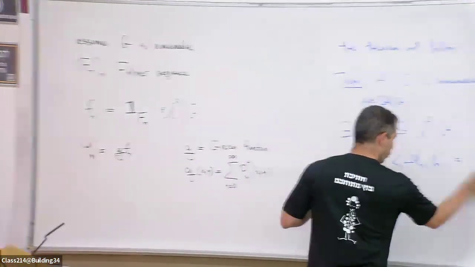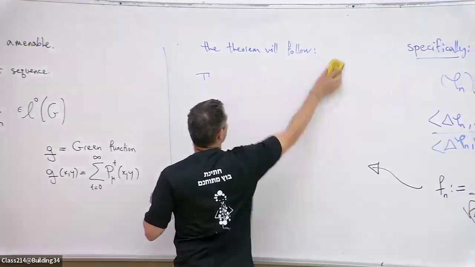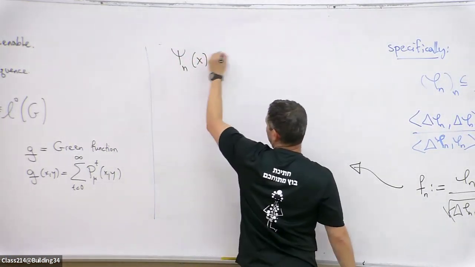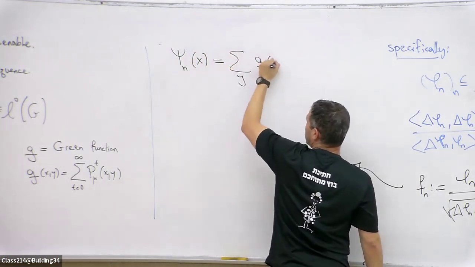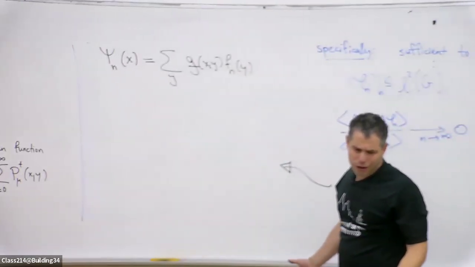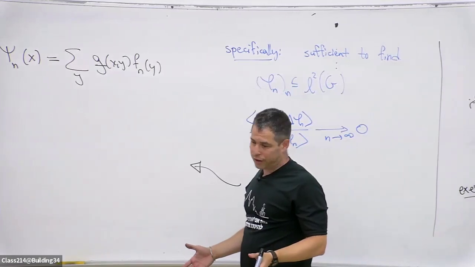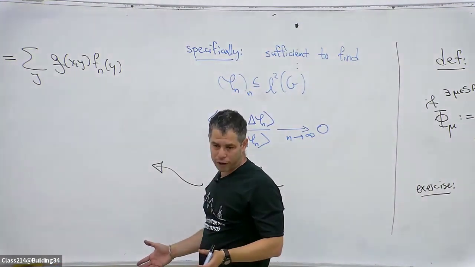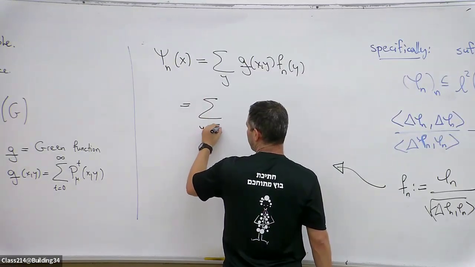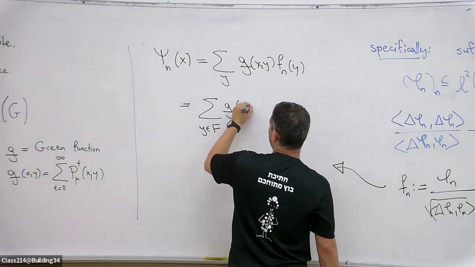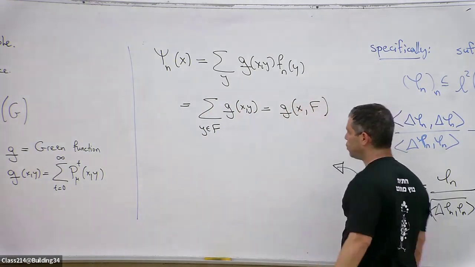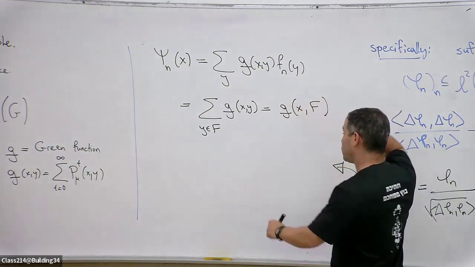So let's compute what psi n of x says. This is the sum over all y of G(x,y) fn(y). But what is fn of y? It's just the indicator function of Fn, so this is the same as summing over all y in Fn the Green function G(x,y), which I can also abbreviate by G(x,Fn).